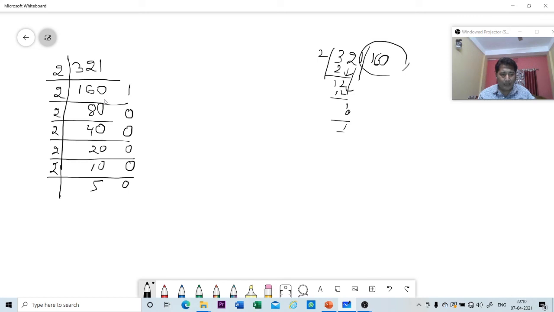So if I divide this quotient again by 2, it will be 2 2 4, and the remainder will be 1. And if I divide this quotient again by 2, it will be 2 1 2, remainder will be 0.